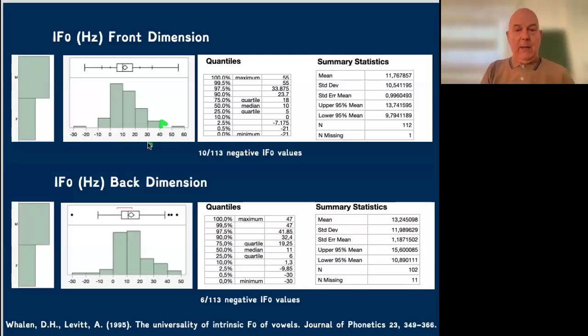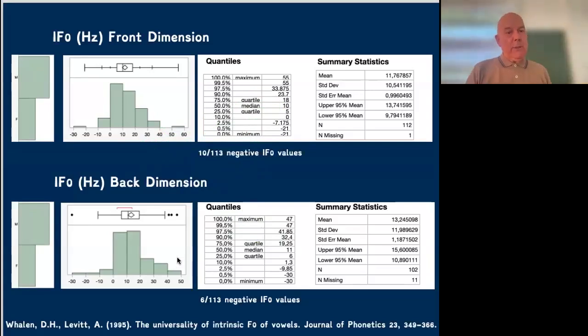And you can see that the median in the front dimension is 10 Hertz. And in the back dimension, the median is 11 Hertz difference between high and low vowels. So that is relatively small if you compare that to the Maya example I gave earlier on.